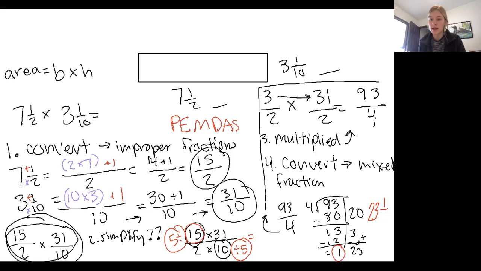So this is my remainder, and my denominator would be 4. So I could even double check this answer by doing what we did in step number 1. I could say, okay, 4 times 23 plus 1 more. And would that equal 93 over 4? We can check that too if we want to make sure we have the right answer.